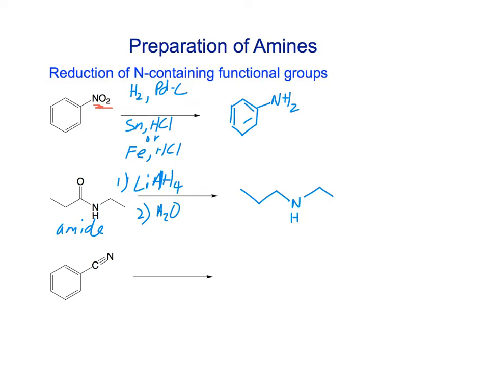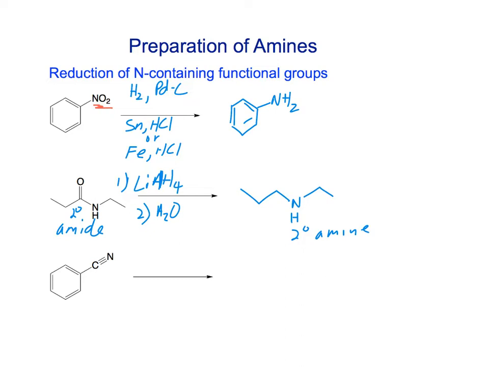So if we start with a secondary amide, this is a secondary amide because the nitrogen has 2 carbons attached, we get a secondary amine. All right, if we had a primary amide, so it had an NH2 on the end of the amide without that ethyl group, we'd get a primary amine. Right? If we have a tertiary amide, we get a tertiary amine. Okay, so we always lose the oxygen essentially as a water molecule.